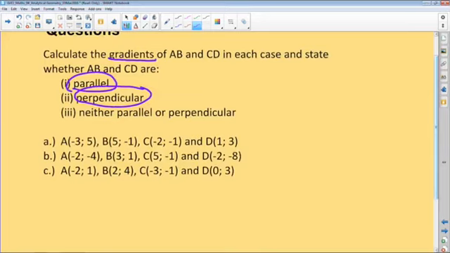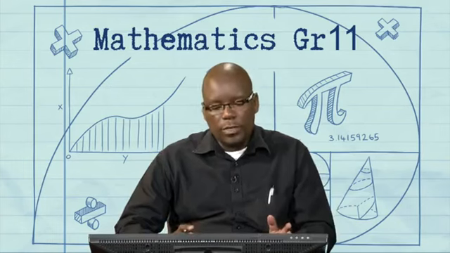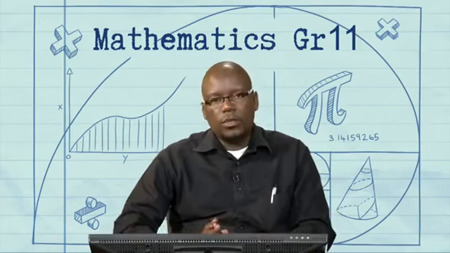Now, the next set of problems, which we're going to run through very quickly because you're getting used to this now: you need to calculate the gradients of AB and CD in each case and state whether AB and CD are parallel, perpendicular, or neither parallel nor perpendicular. So you've got 3 problems. I encourage you guys to work very fast, and I'm giving you 3 minutes to work on these problems, and then we can tackle them as quickly as possible.